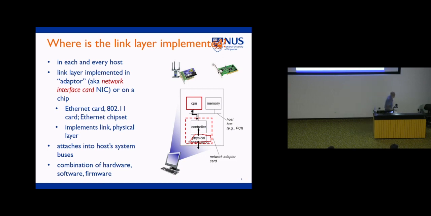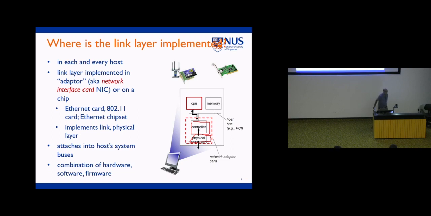And then part of your link layer protocol will actually be implemented in a controller here. There are dedicated chips you can buy, and these chips will execute, for example, Wi-Fi or Ethernet for you. The whole protocol would be implemented there. And to make things fast, these are usually done in hardware, so the whole protocol is implemented as a sequence of logic gates and so on. So you can do things very, very quickly.